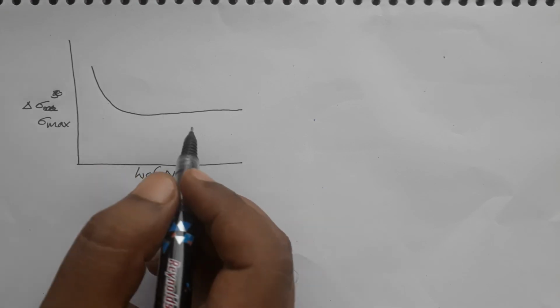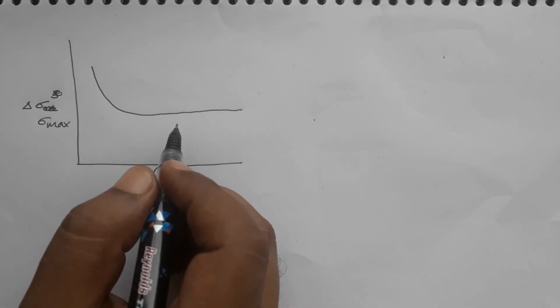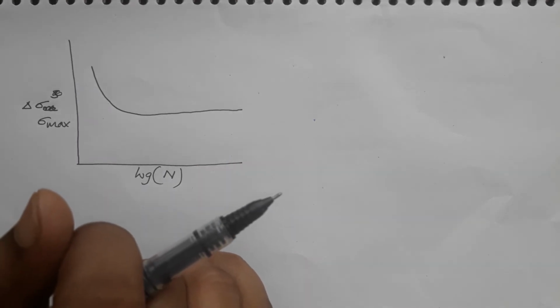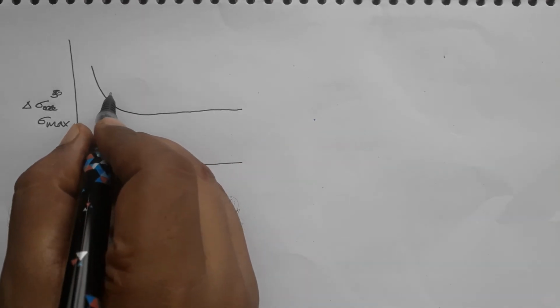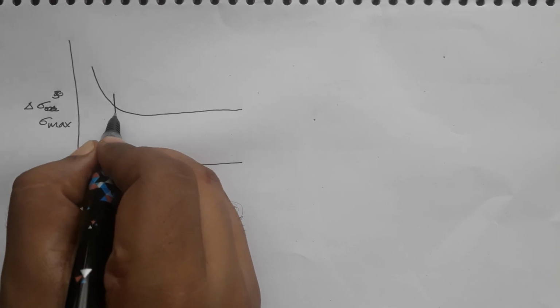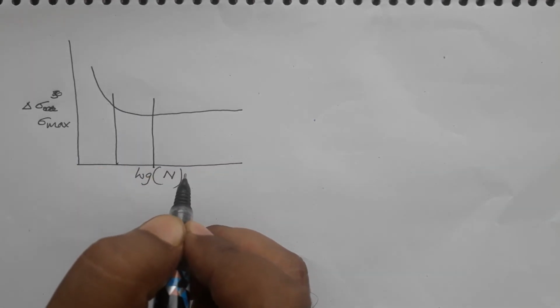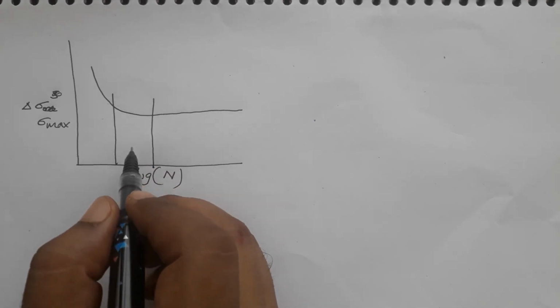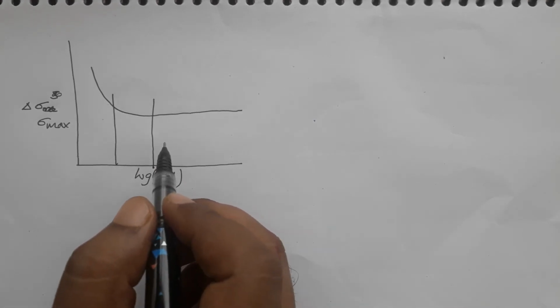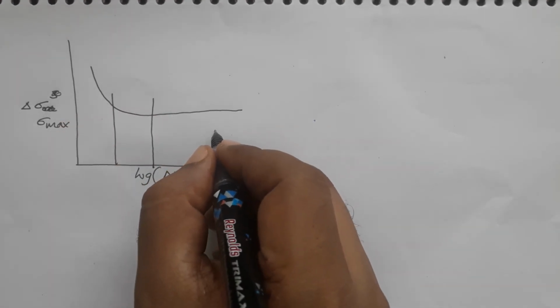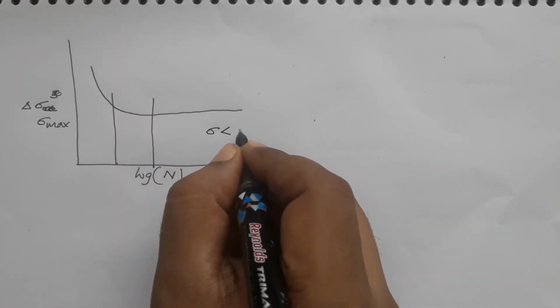So usually what happens is that the study on fatigue started in this range, somewhere here. Okay. So where the stresses are not very high. Stresses are usually in this case lower than yield strength.